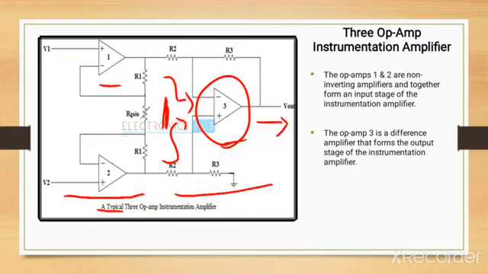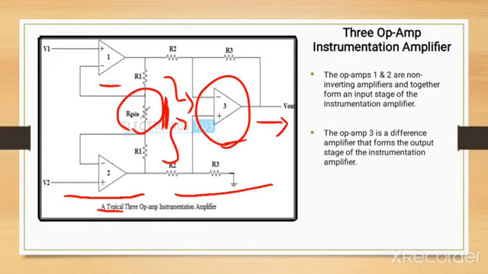It is just like a difference amplifier, except that the input is not given directly to the difference amplifier. It is given first to the voltage followers, where some unwanted signals are rejected, and then it is given to the difference amplifier with the help of resistors. So R gain is going to play a major role here.